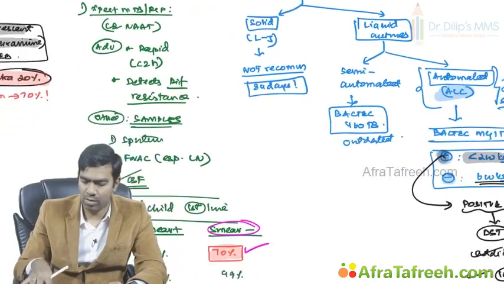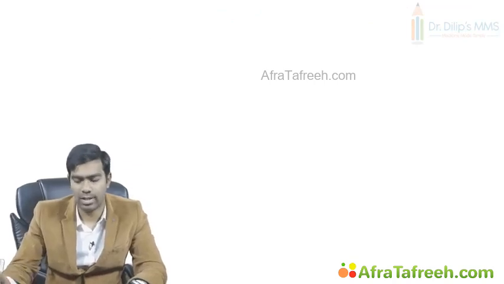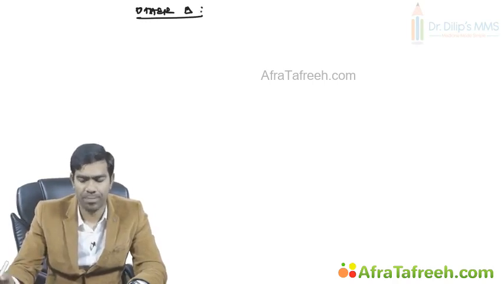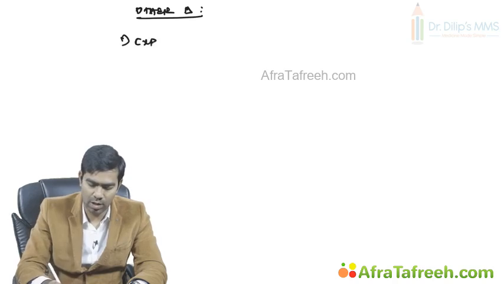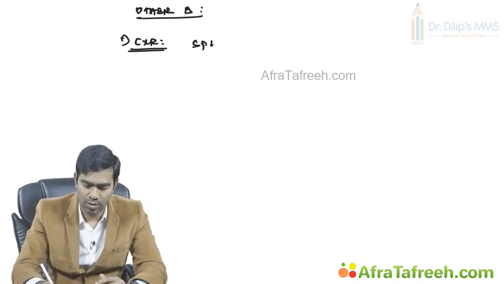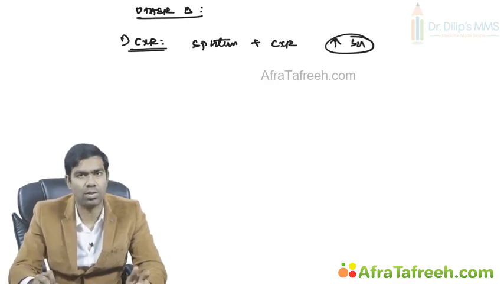Then after knowing the cultures, we'll start knowing about the other diagnostic tools. What are the other diagnostic tools? Number one is the chest X-ray, a very commonly used test in India. Suppose you are using sputum along with chest X-ray, it will definitely increase the sensitivity because you're using two screening tests.